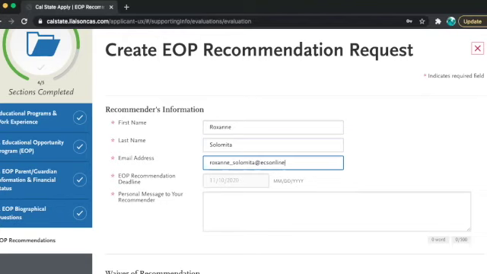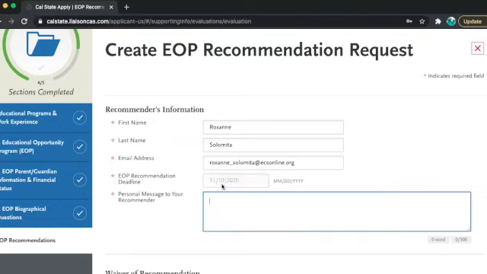So if you don't know, just go to your email, find an email from them, and copy and paste it on here. So the EOP recommendation deadline, it's already here printed. That's not right. Okay, so after you write your teacher's email address here, this is already going to be pre-filled, but that deadline is incorrect, so just ignore it, okay?